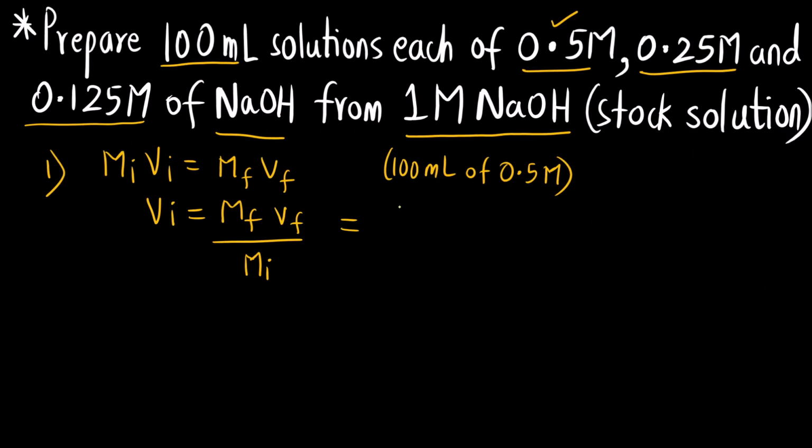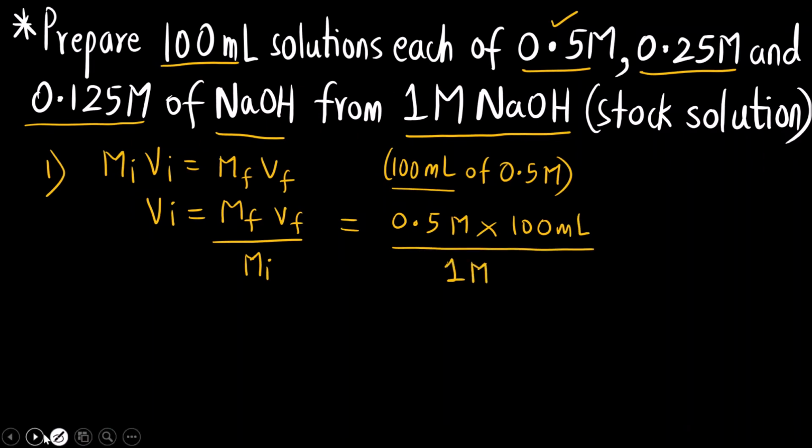So the final molarity is 0.5 molar, into the final volume of 100 ml, divided by the initial molarity, 1 molar. Molar and molar get cancelled. 0.5 into 100 is how much?